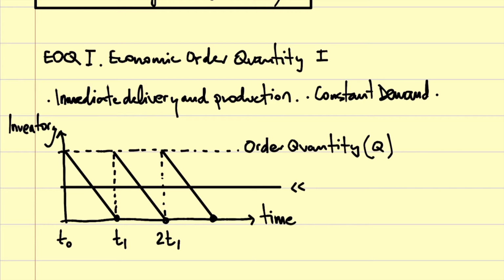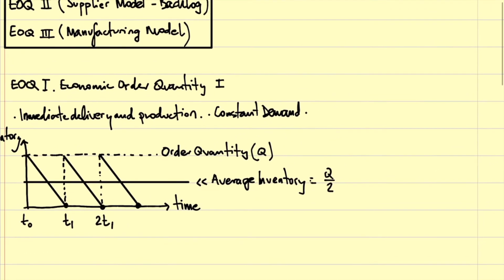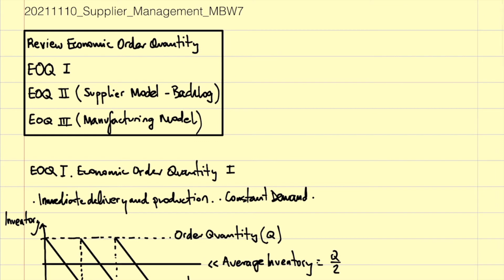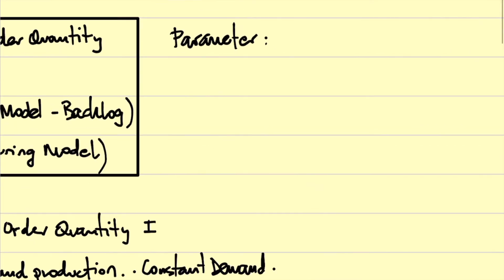So this is the mean value or average value of inventory, equals Q divided by 2. And here we're going to use certain parameters, which are as follows.